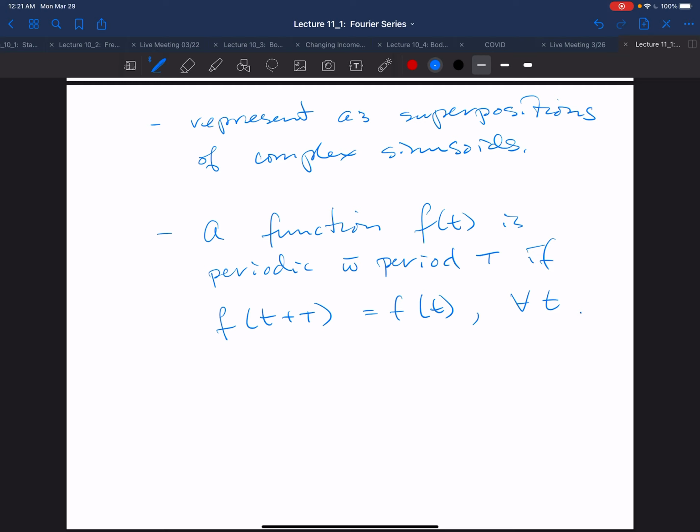Now, of course, if f is periodic with period capital T, then it's also periodic with period 2T, 3T, 4T, and so on.